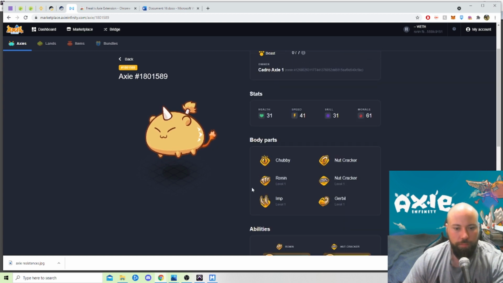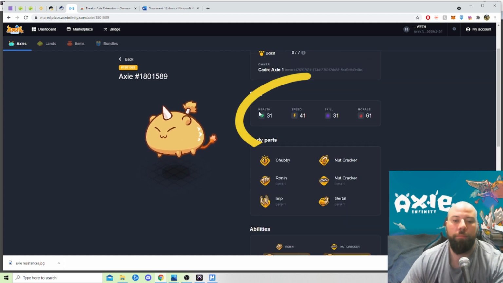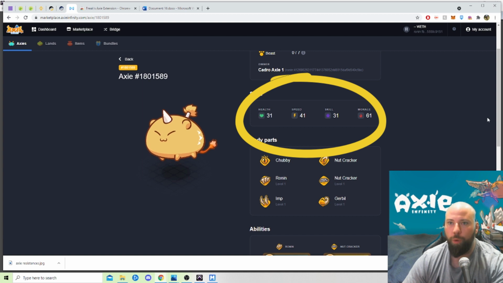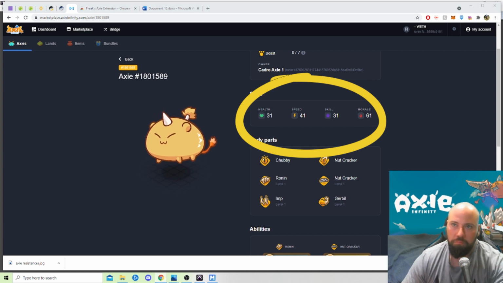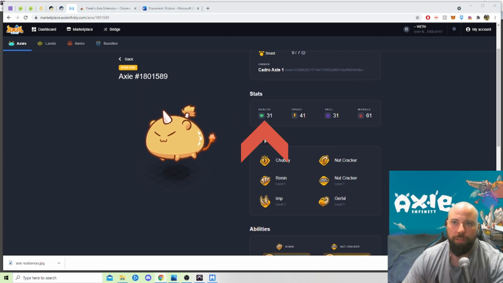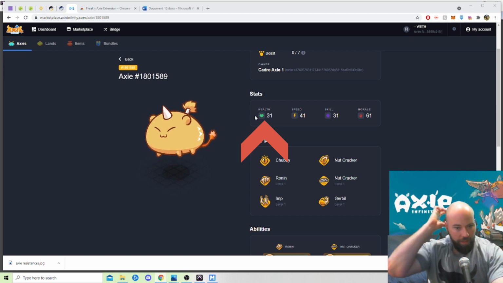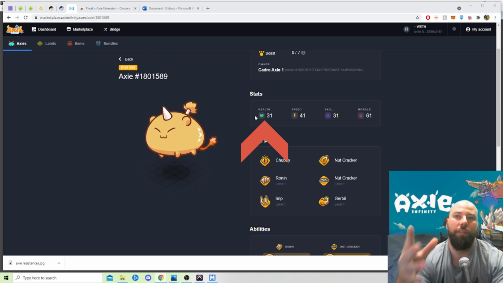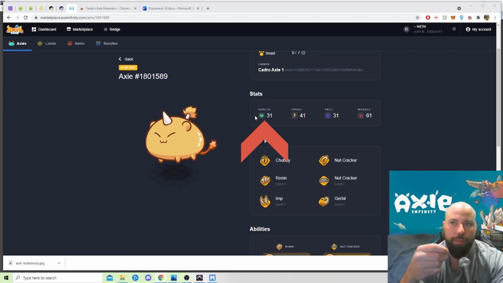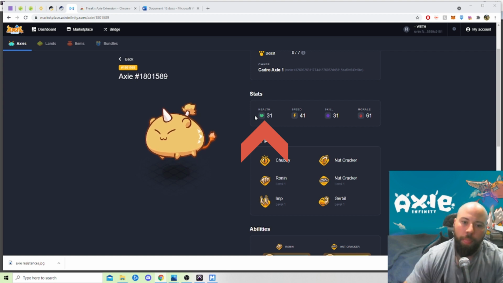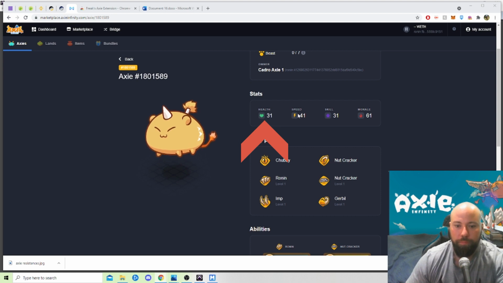So from there, we look at, okay, health, speed, skill, morale. What do they do? Let's go through it. So health. Health increases an Axie's hit points and the amount of damage you can take before getting knocked out. Pretty basic.